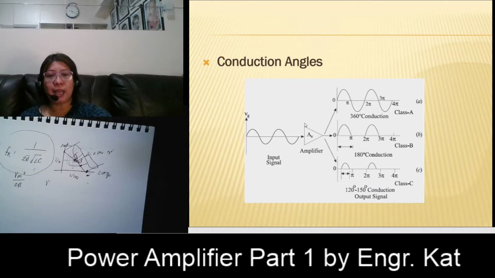And then lastly, you have your Class C amplifier, already in a form of pulses because they conduct in less than 180 degrees, usually a 120 to 150 degrees conduction angle. Therefore, among the three, this has the most distortion, because your input doesn't really look like your output anymore.